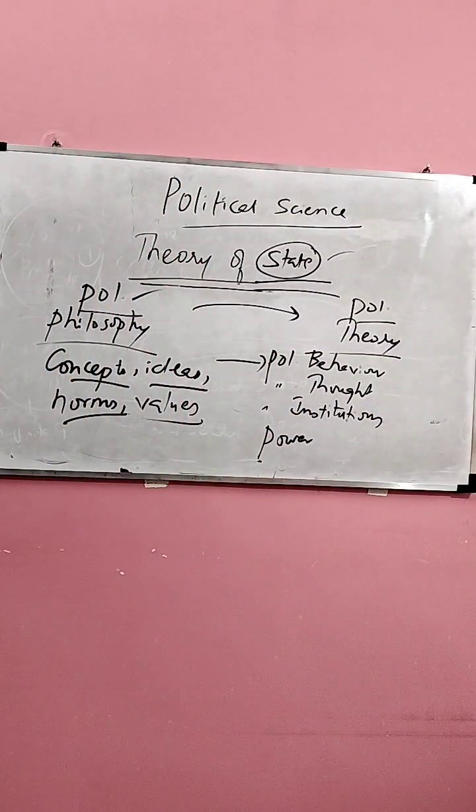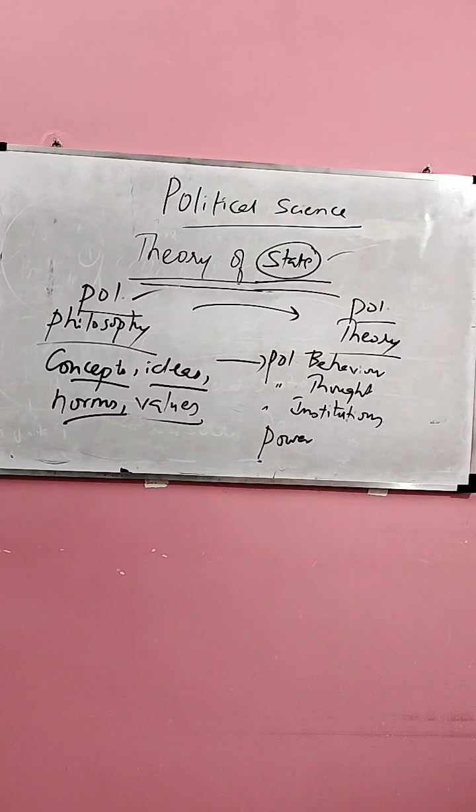So this framework is called political theory. It studies political philosophy and its application with respect to the behavior, thought, institutions, and power. It looks into the interplay of all these factors.